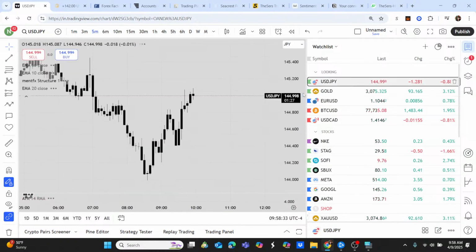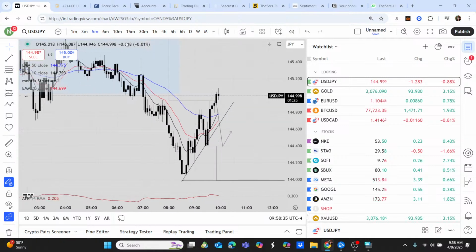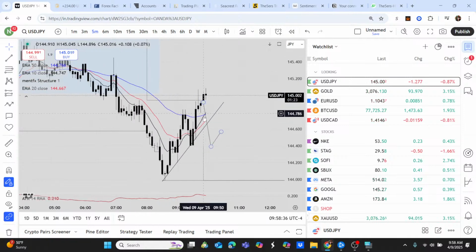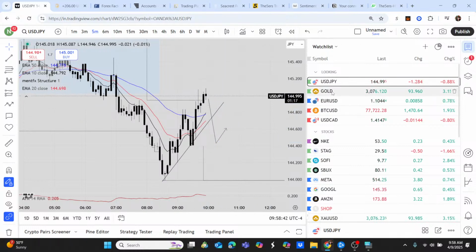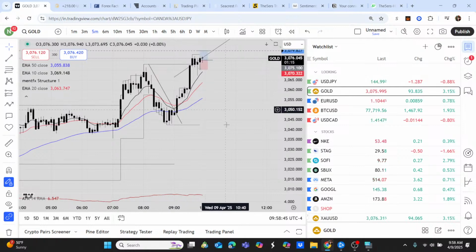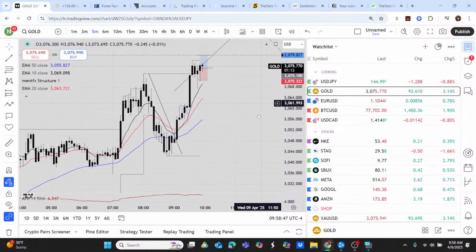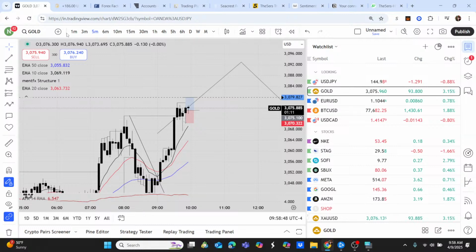So far, if I was to pick between USD JPY and gold, gold is in the lead of potentially looking the best for setups.